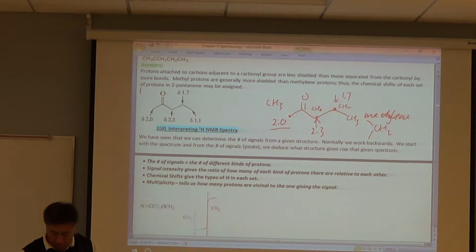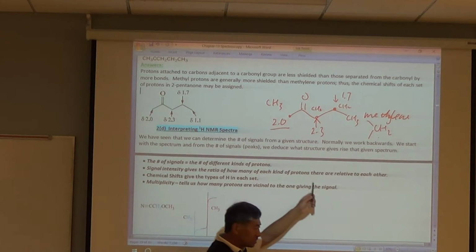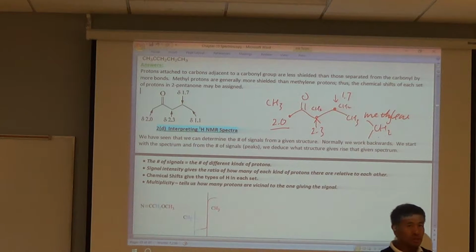Okay, so this 2.0 is less than 2.3. That's because usually you will see the CH3 have a smaller number than CH2. So CH2, that means you have 2 H replaced by carbon, and carbon is more electronegative.